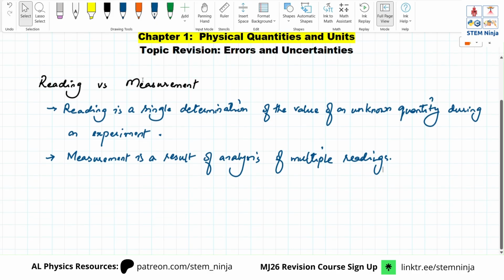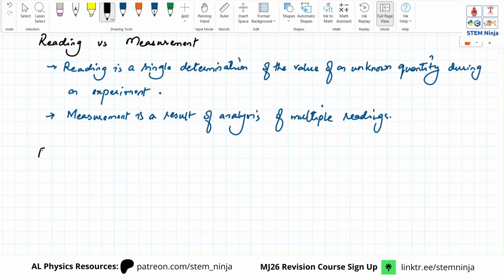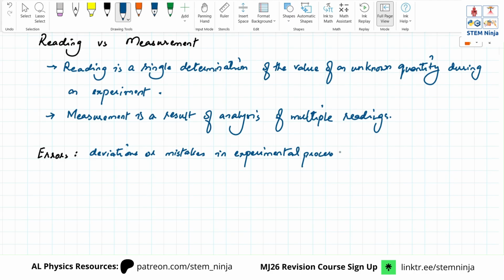Now, what are errors and uncertainties? Errors are basically deviations or mistakes in the experimental process that lead to a difference between the measured value and the true value of a quantity.